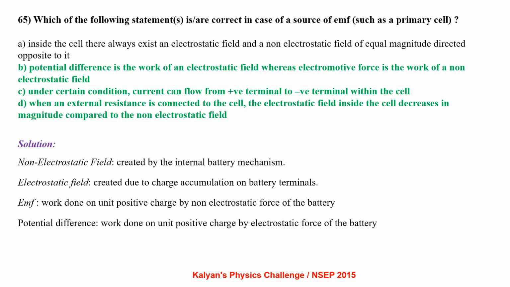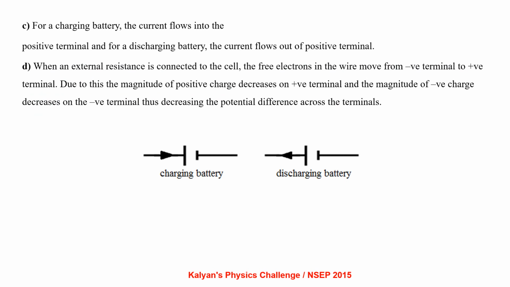Non-electrostatic field is created by internal battery mechanisms. Electrostatic field is created due to charge accumulation in the battery terminals. EMF is the work done on unit positive charge by non-electrostatic force of the battery. Potential difference is the work done per unit charge by electrostatic force of the battery. For a charging battery, the current flows into the positive terminal, and for a discharging battery, the current flows out of the positive terminal.